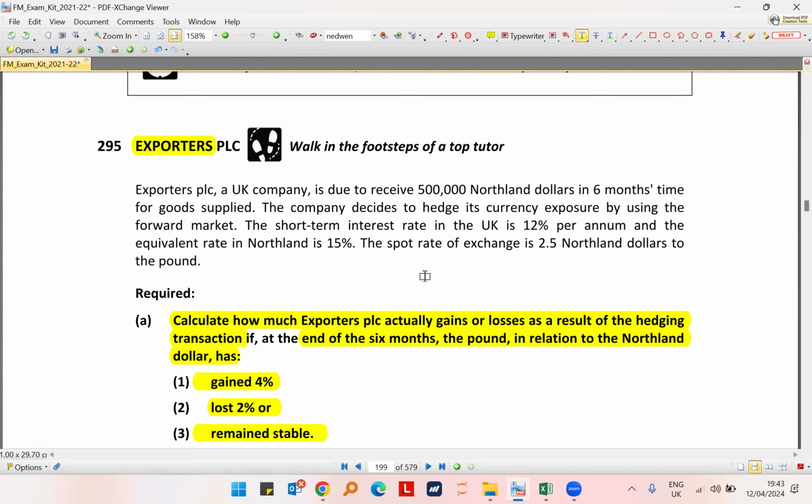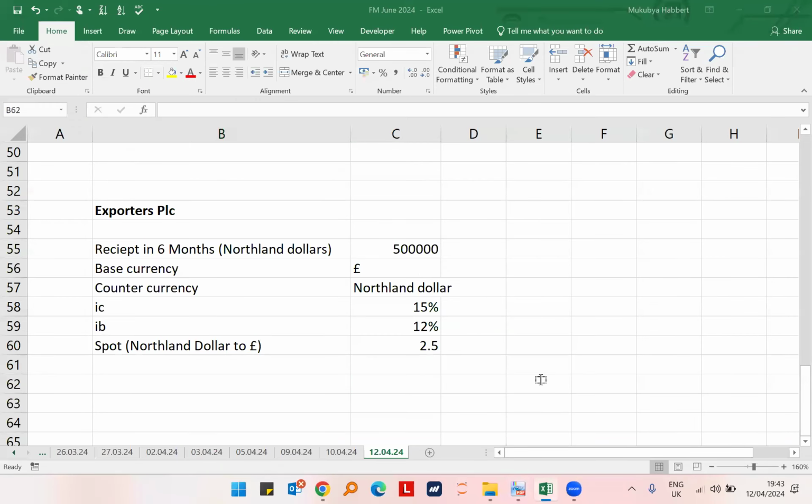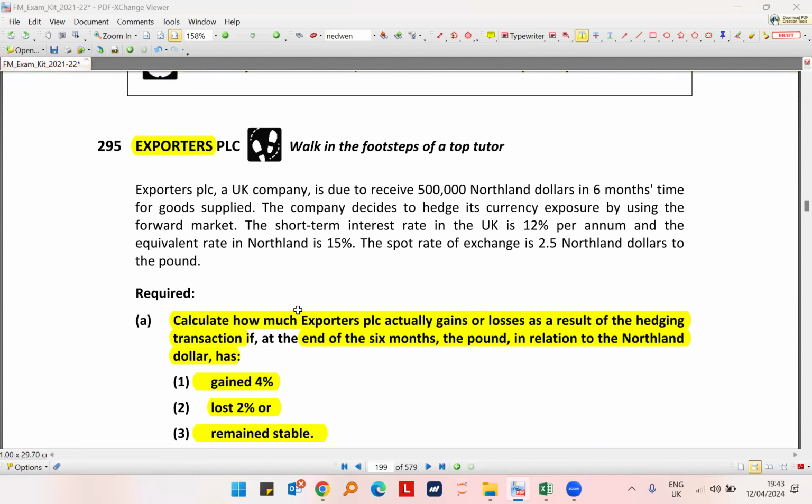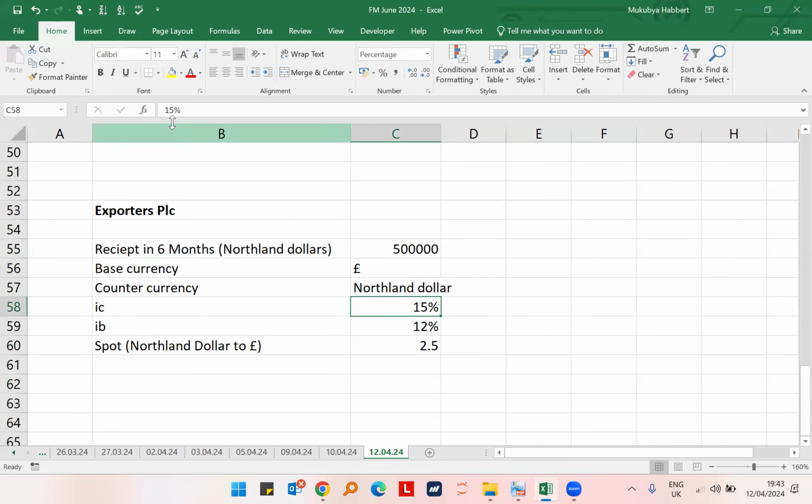That is assuming that there has been a gain in the pound in relation to the dollar, or there has been a loss of 2%, or nothing happened. Now, given that we are going to work with 6 months, you can easily convert these into 6 months rates by multiplying by 6 out of 12. Even this one.